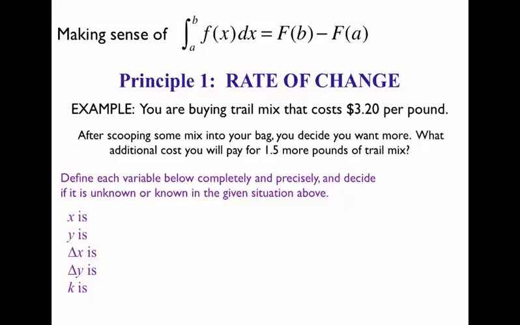We're going to use the letter k to mean the rate of change. Given this situation, I want you to define all these variables. What is the meaning of x, y, delta y, and k? Then I want you to meet someone next to you and at least check your work with them. If not, you can work together, but at least check your work when you're done.